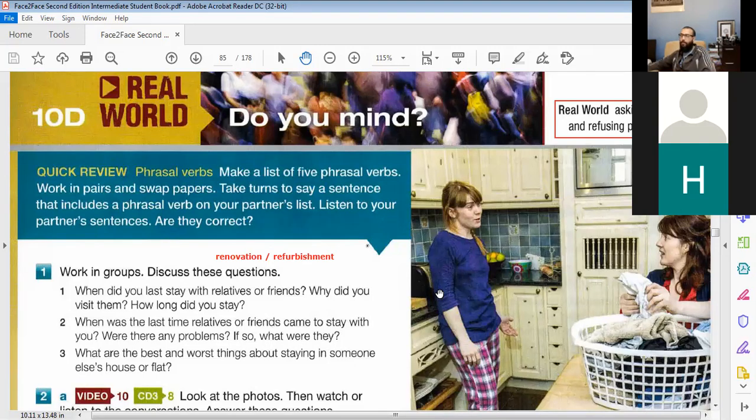Interesting. When they come and stay with you, are there any problems? Maybe noise. For me, yes, because I used to live with only my sister, my father, and mother.